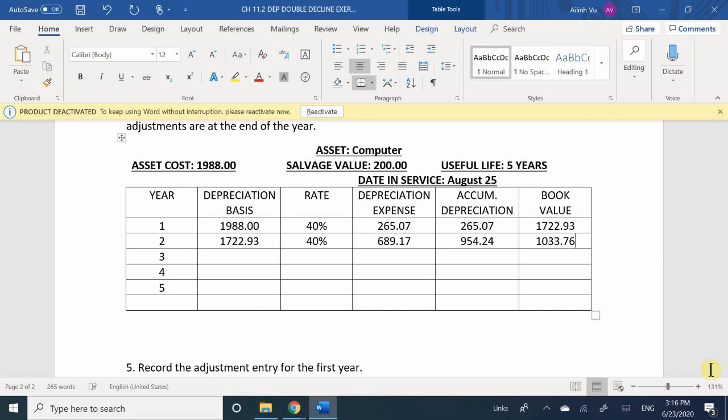Okay, all right. So 1033.76 will be your basis. Times that by 40%. How about 413.50?